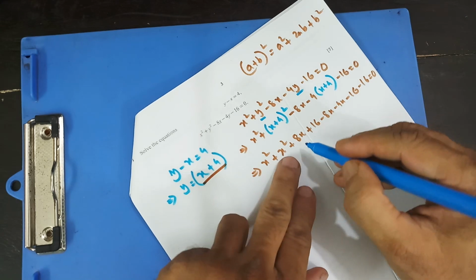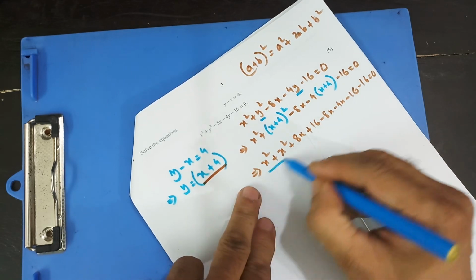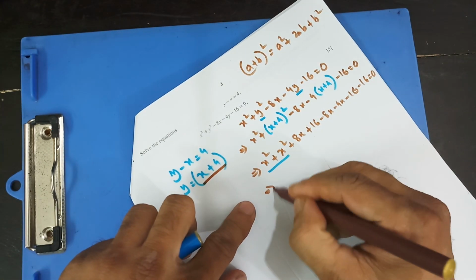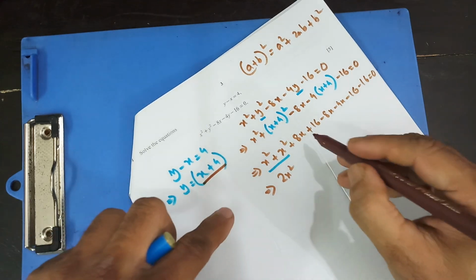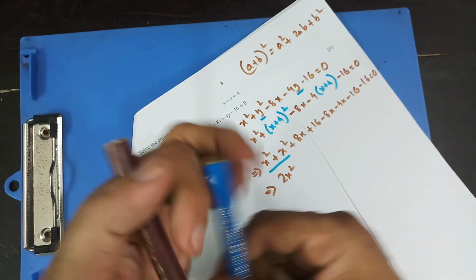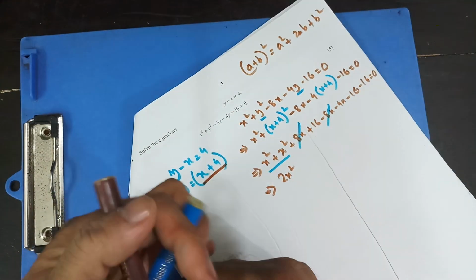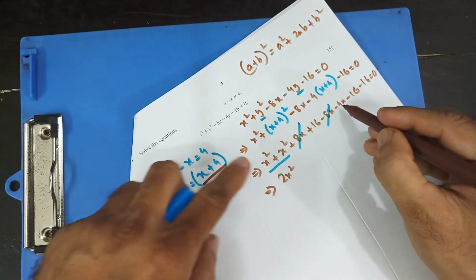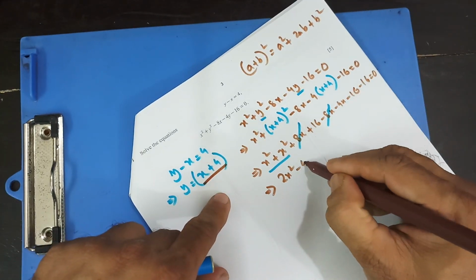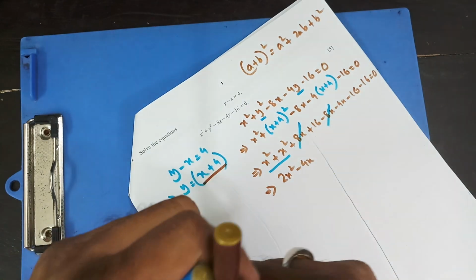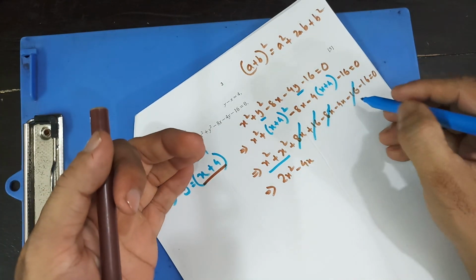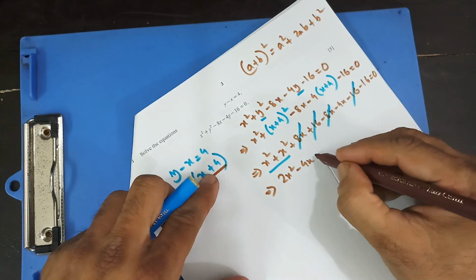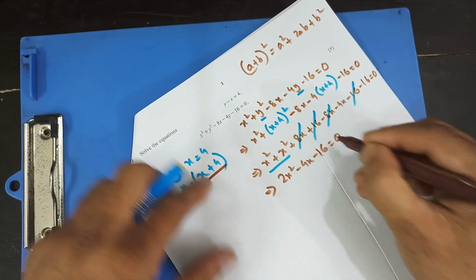Now if you look closely, these are like terms, so I can add them to get 2x squared. Now this is 8x, and this is minus 8x, so I can cancel these out. Now I'm having minus 4x, and the 16s cancel out, so I'm going to have minus 16. So minus 16 equal to 0.